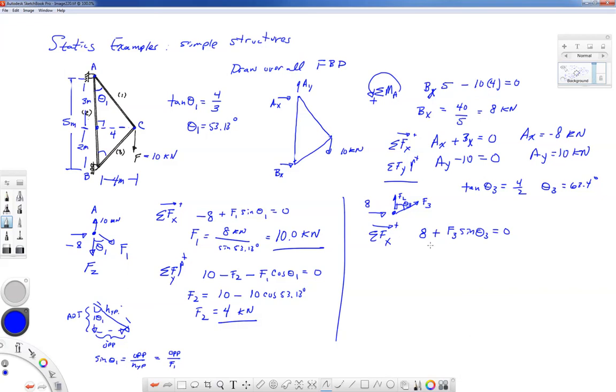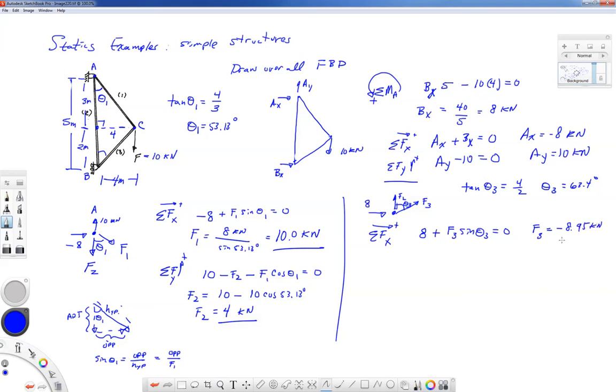Okay, and I got 8.95, but if you notice, that has to be a negative number, so it's going to be minus 8.95 kilonewtons.